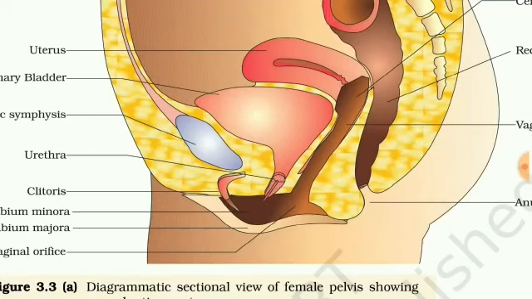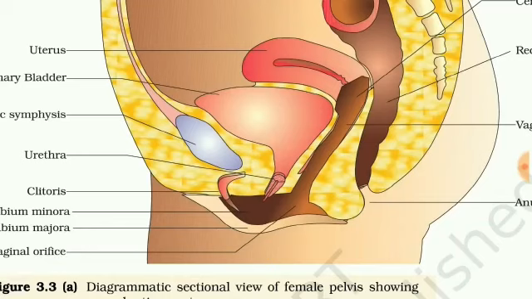The urinary bladder stores the urine, then the pubic symphysis, the urethra, the clitoris, the labia majora, labia minora, and the vaginal orifice. These are all external genital organs.